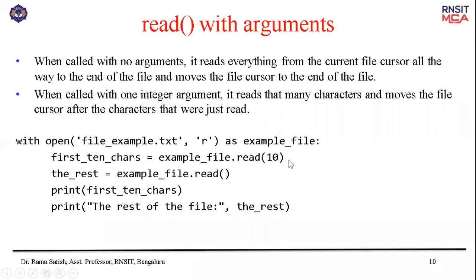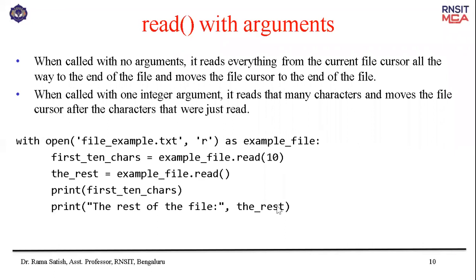Here it is reading only the first 10 characters. The rest goes in another variable, with file.read reading the entire thing. You can read the first 10 characters and display the rest. This is the way in which you can do it.